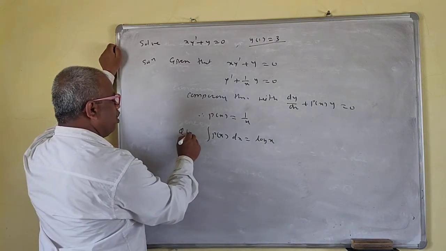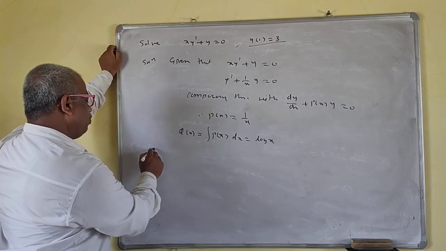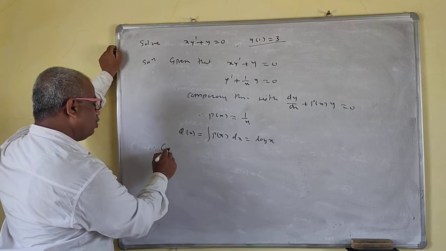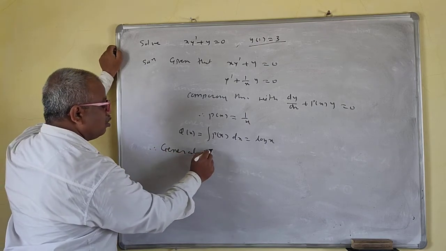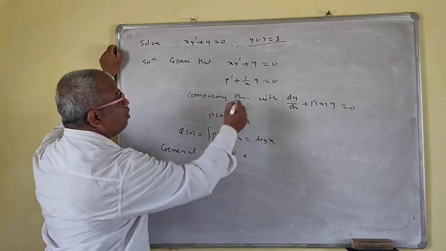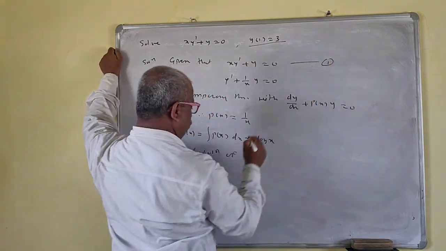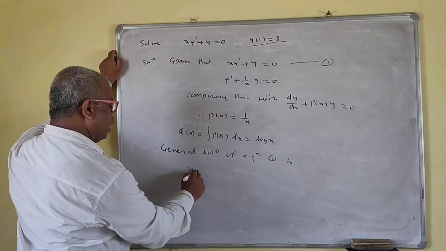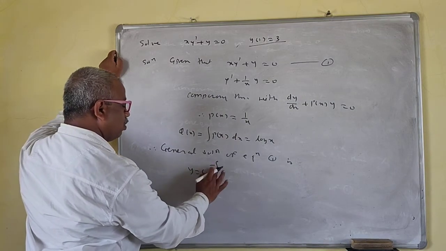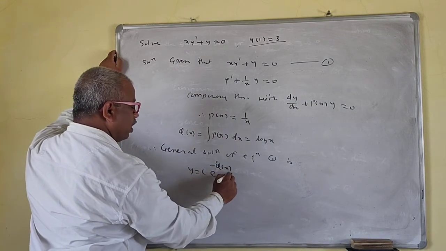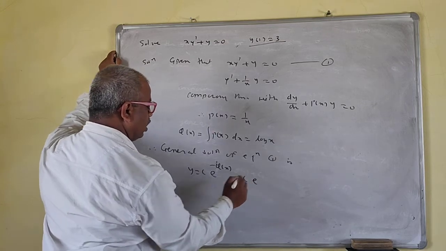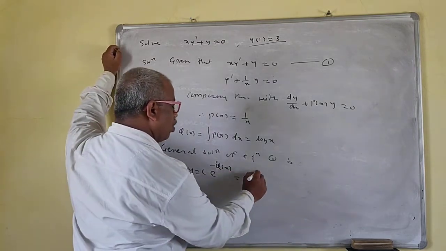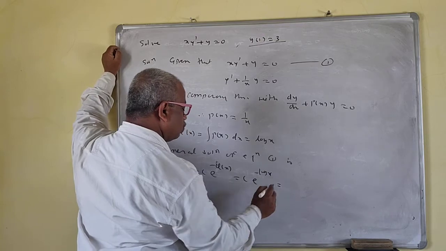So phi of x is equal to this. Therefore the general solution of equation 1 is y is equal to c e raised to minus phi of x. So c e raised to minus log of x.